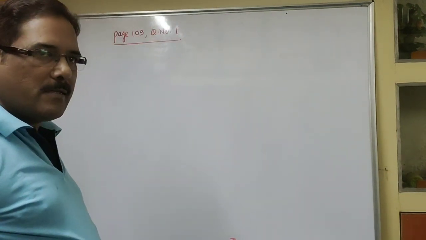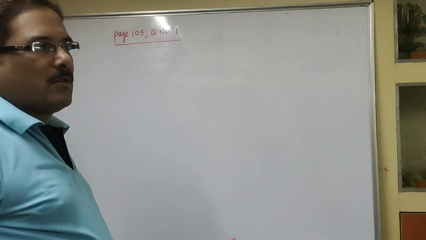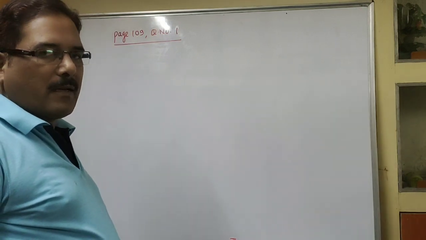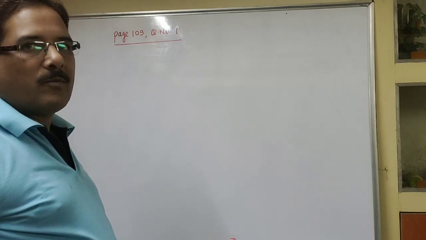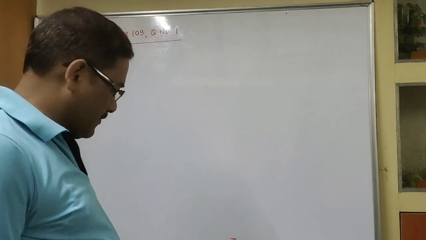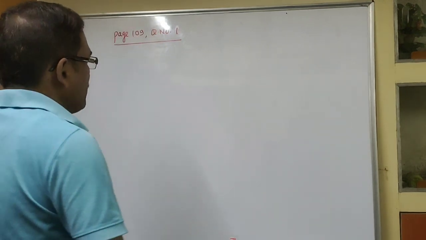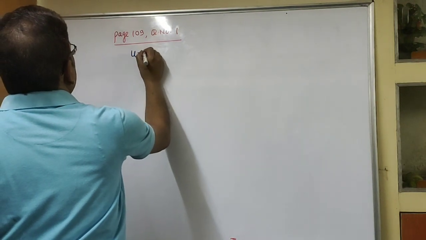Now the question is, a bus is starting from rest. As I discussed earlier, whenever an object starts moving from rest, its initial velocity is 0. So the bus is starting from rest, so symbolically you will write u is equal to 0.